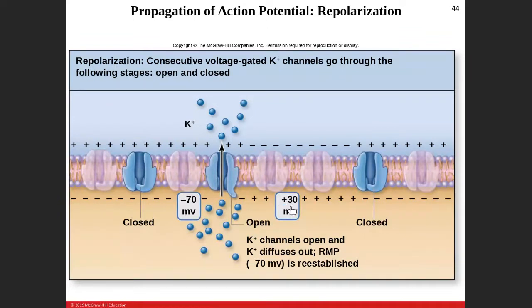Once we reach that positive 30 millivolts, the voltage-gated potassium channel opens up. Then all this potassium that's just been hanging out in here leaves. As it diffuses out, it takes its positive charge with it, and it starts to make the inside of the cell more negative. It starts to return it back to the negative 70 millivolts.